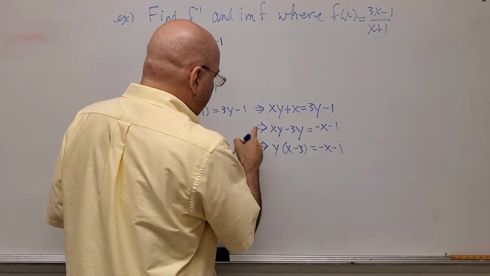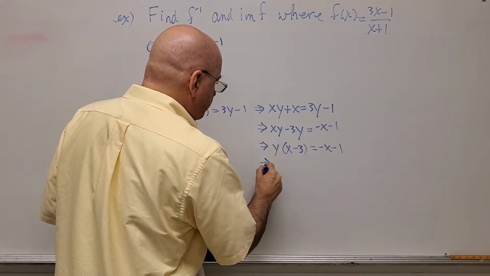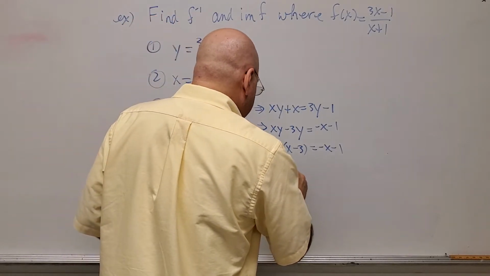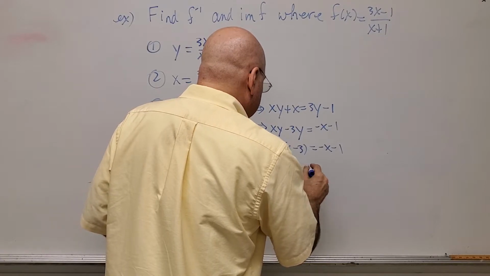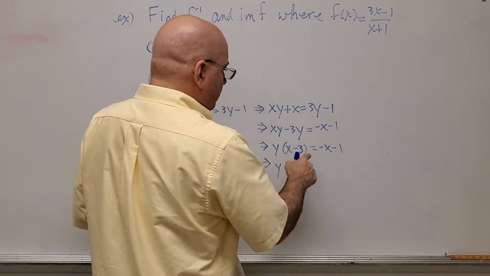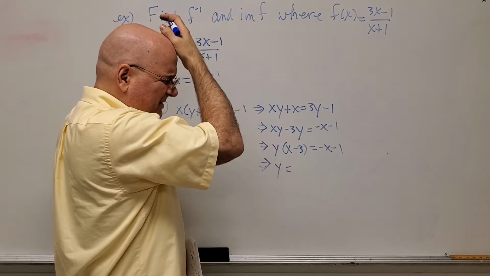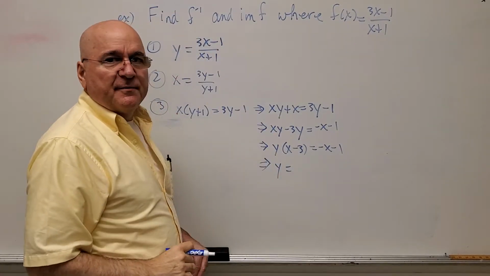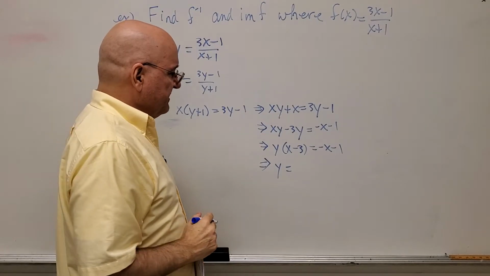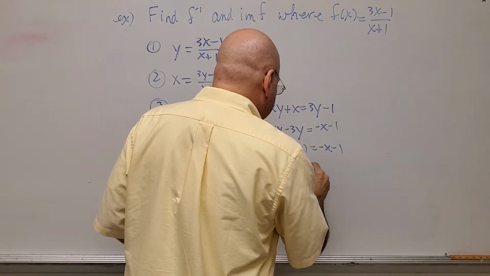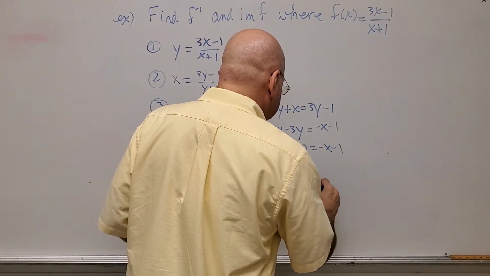These are arrows for implies. And finally, we get y equals, let's see, negative x minus 1 over x minus 3, but I'm going to multiply the numerator and denominator by negative 1 just to make it look a little bit nicer. And it would be x plus 1 over 3 minus x.